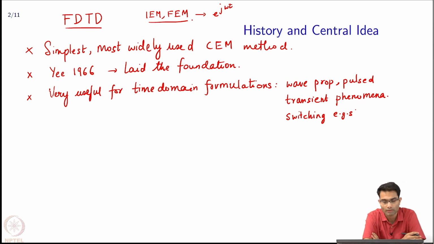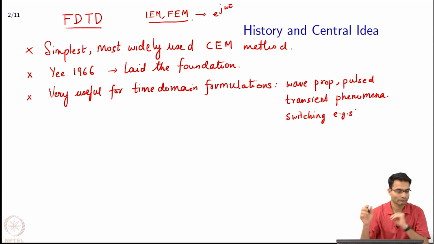Okay, so as it turns out, the number of applications where time domain is the more natural domain is actually more than frequency domain. So that's why this FDTD is more widely used than the other two. Okay, it's also a little bit of a brute force method, as we will see. Okay, so let's see what is the basic idea.